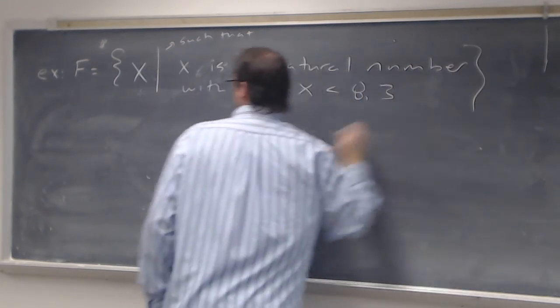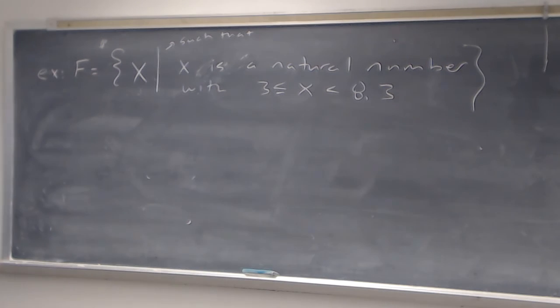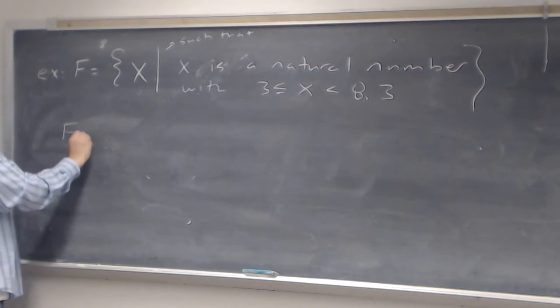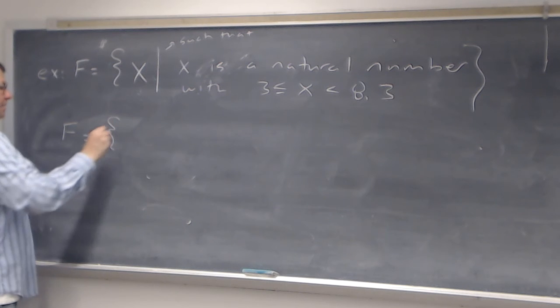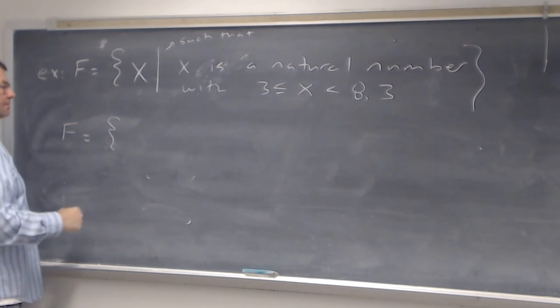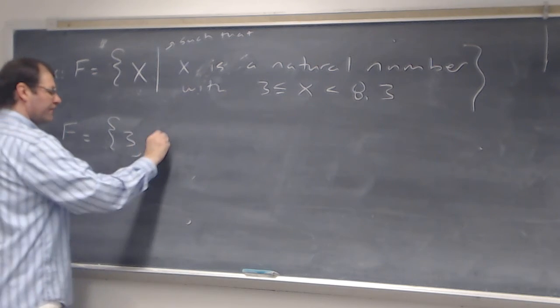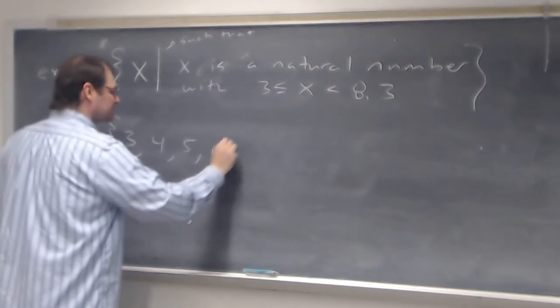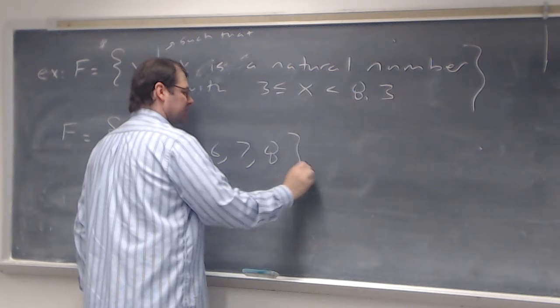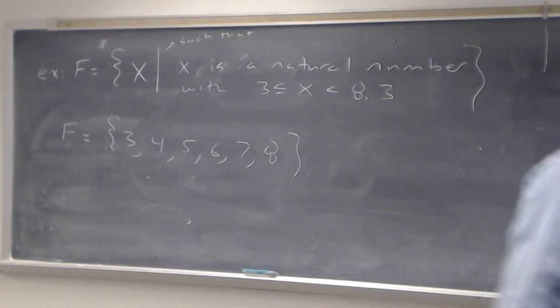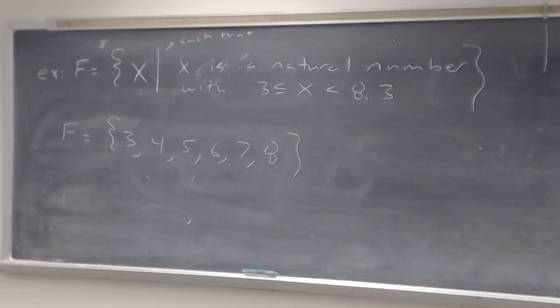So that's my set F. I'm denoting it through set builder notation. Another way of listing it is by giving the elements. So what does F contain? It contains the numbers 3, 4, 5, 6, 7, and 8. So these sets are the same. Okay? There's different ways of representing them. Set builder or listing.